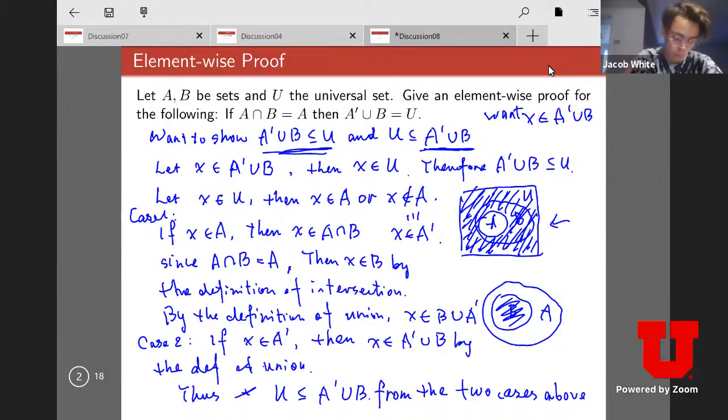Mm-hmm. But with this Venn diagram, we see that A complement union B is actually A complement. Do you see that? A complement is this whole thing. Union B, oh, actually union B would include this A part.